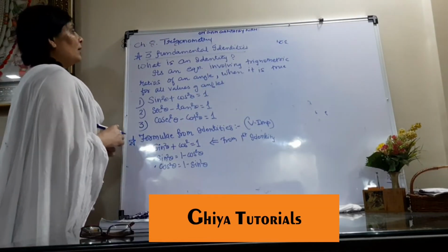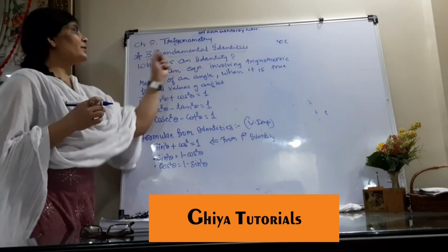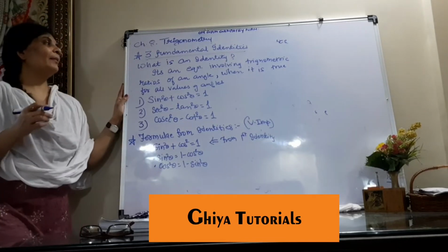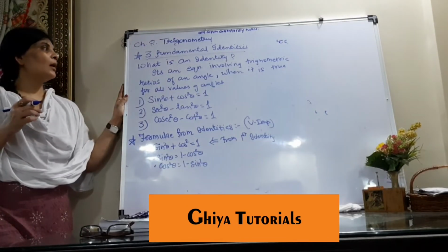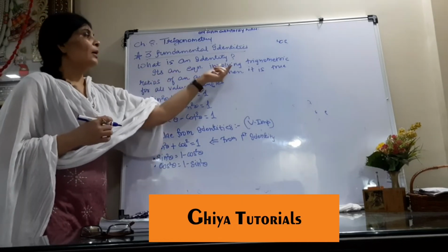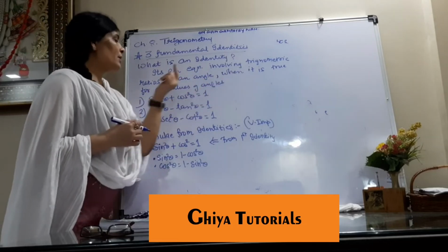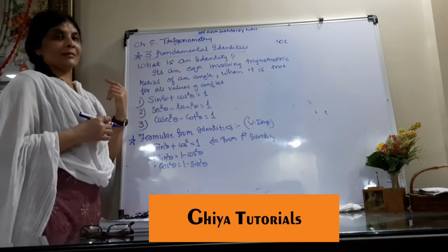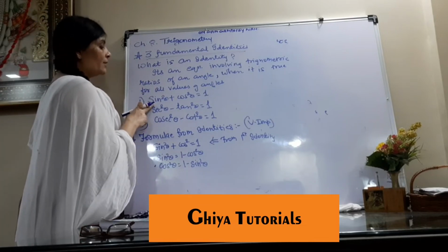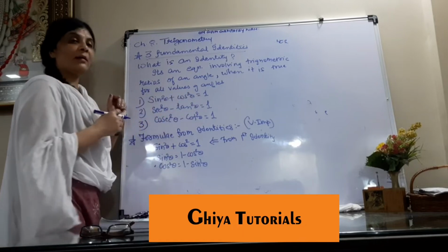Now again very important formula in the form of identities. 3 fundamental identities we are learning. Now students, what is an identity? It's an equation involving trigonometric ratios of an angle when it is true for all values of angles. For example, suppose first identity is sin square theta plus cos square theta equals to 1.